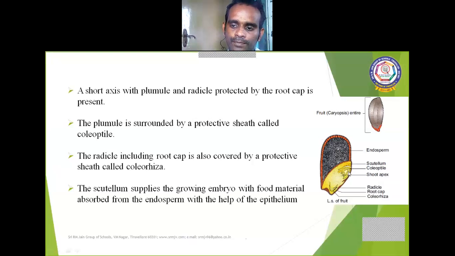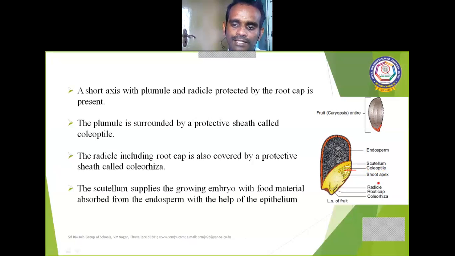This is called plumule. Children, listen carefully. See, this part is called plumule, and this plumule is protected by a sheath called coleoptile.